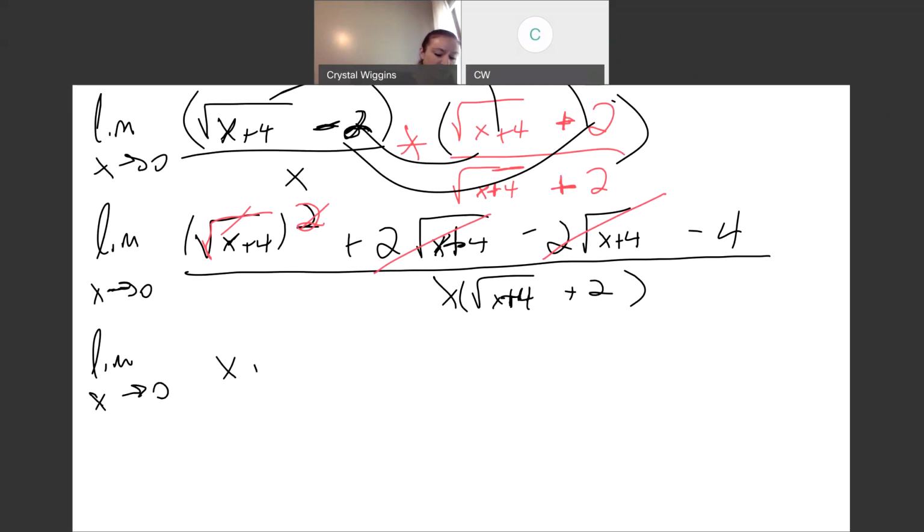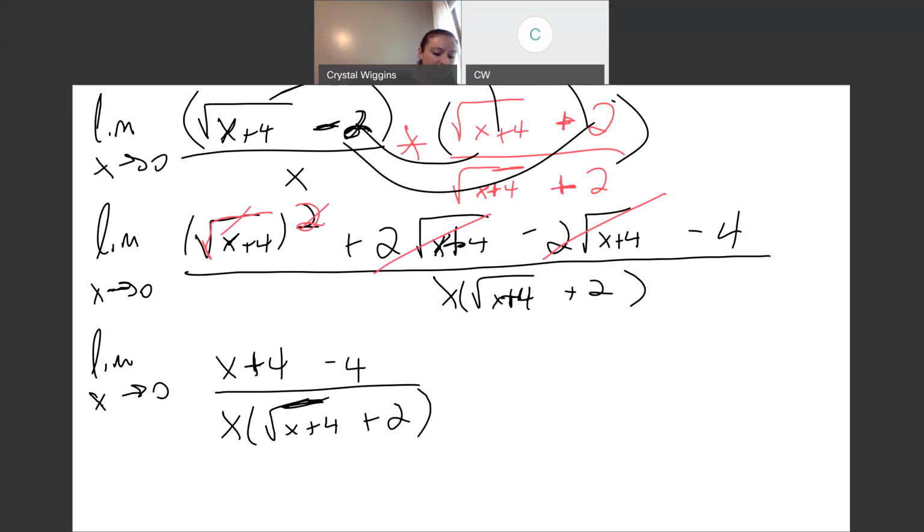Now we just have x plus 4 because the square root and the square canceled each other, minus 4, all over this fairly ugly denominator, but again, it won't matter in the end how ugly it is. Okay, it got uglier because I can't write on this thing. Here we go, x plus 4 plus 2.